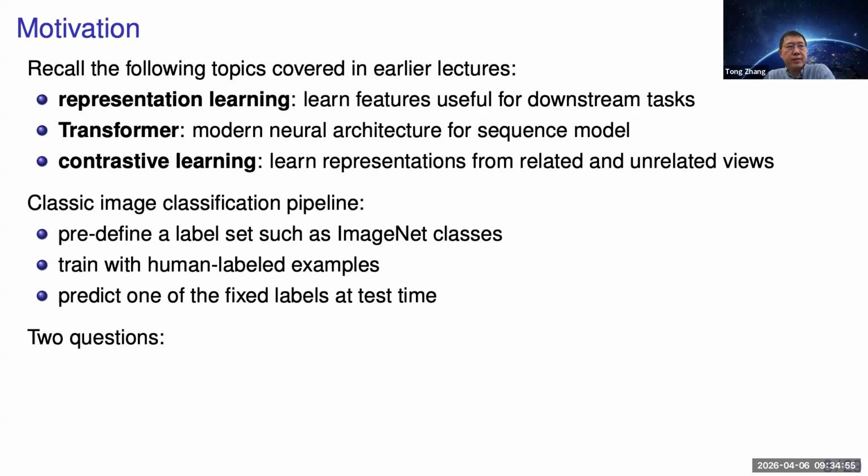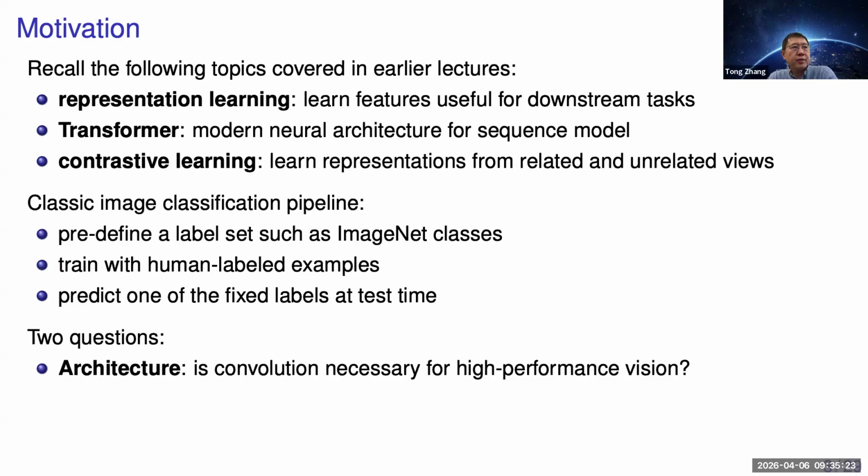The modern question is slightly different. If a label doesn't show up in your data set, you will not be able to classify it. Later on, when CLIP came out, it tried to address this issue and can do arbitrary classification. It doesn't have to be a pre-specified label. We will see why.